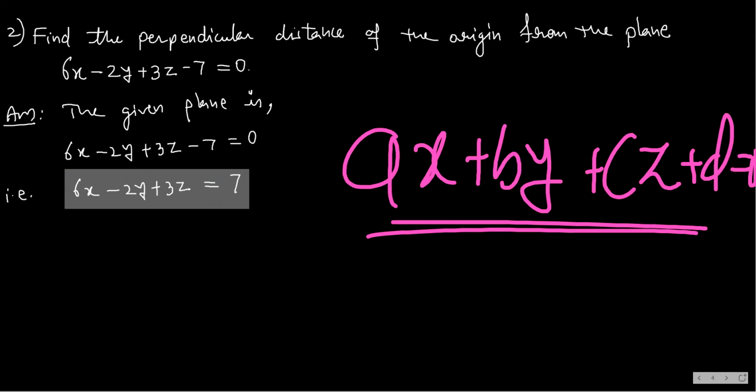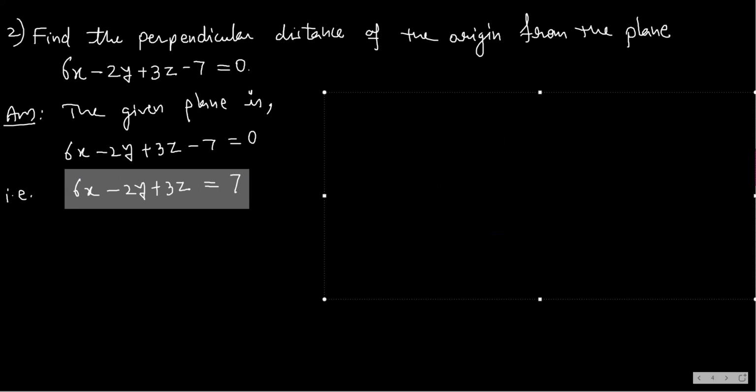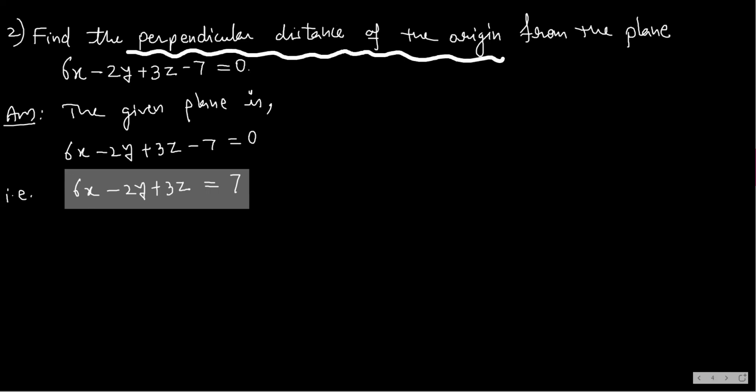Why is this not in normal form? How do I know it is not in normal form? And why do I need it in normal form in the first place? Listen, they want the perpendicular distance from the origin.